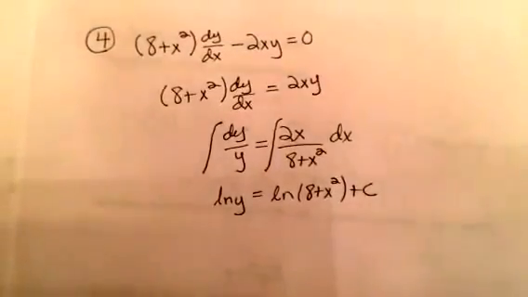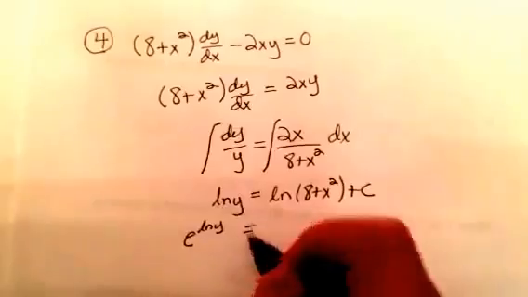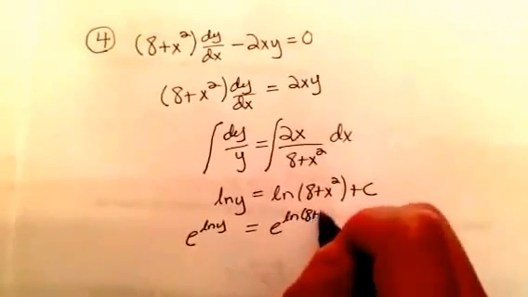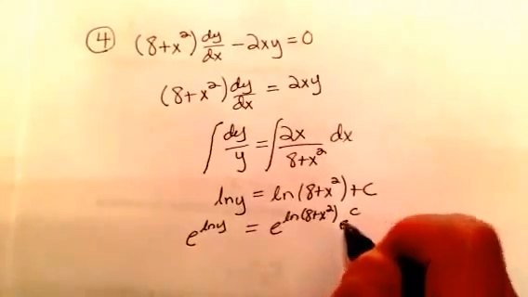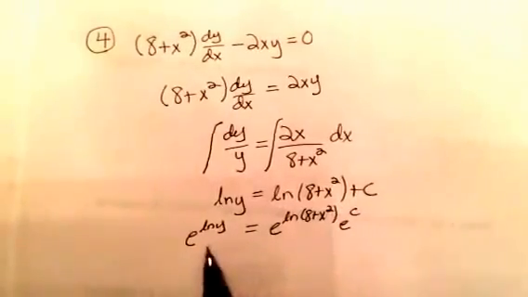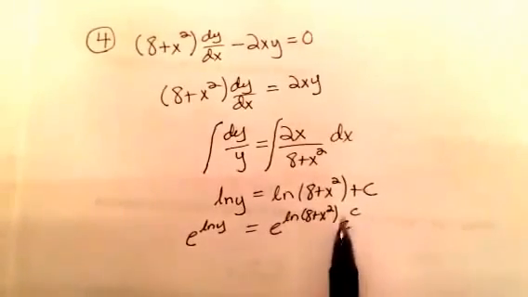And if we work with the natural logarithmic base e, so as to get rid of the natural logarithms, and again using the product property of exponents, we have e to the natural logarithm of 8 plus x squared times e to the c.